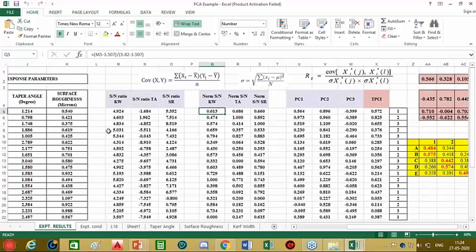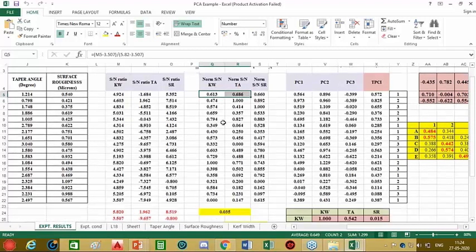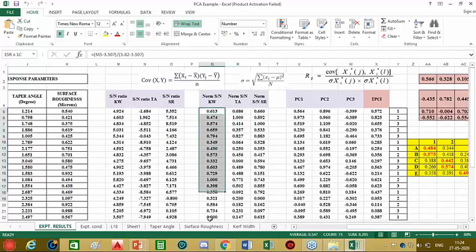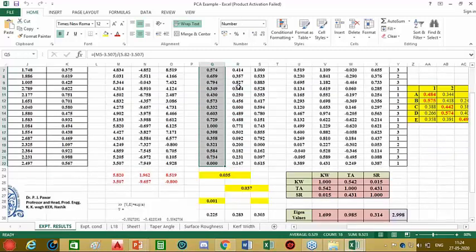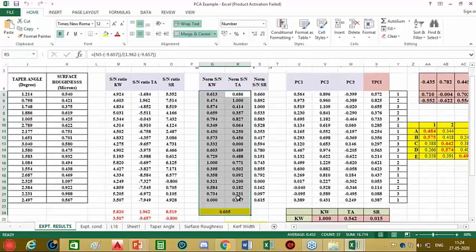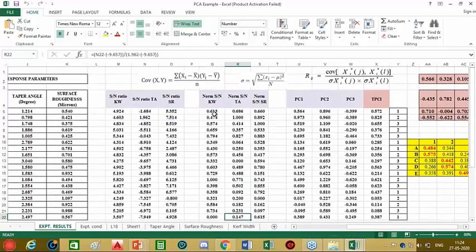For example, to calculate the covariance between these two particular responses or SN ratios, we first find out the average of this column, then the average of the second column. Then we subtract the average from this value, multiply by this value minus the average of the other column, and we do this for all data points.